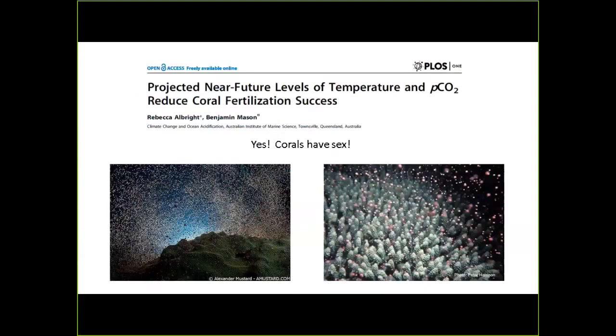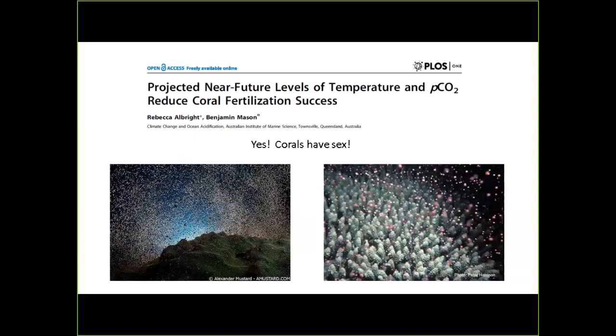They make sperm, they make eggs, and the sperm fertilize the eggs, and they spawn in huge numbers, and it's very coordinated. So they may look stupid, but somehow they coordinate their spawning. I mean, if you release your eggs one week and then the males release their sperm a couple days later, it's not going to work. So it's very coordinated, and you get huge numbers of gametes in the water at certain times a year.